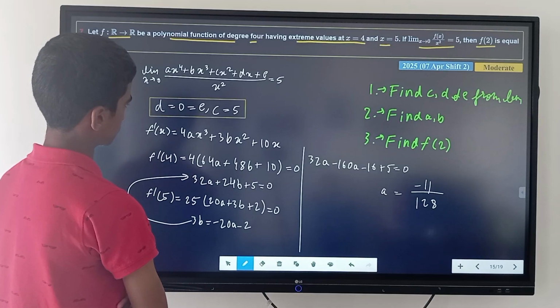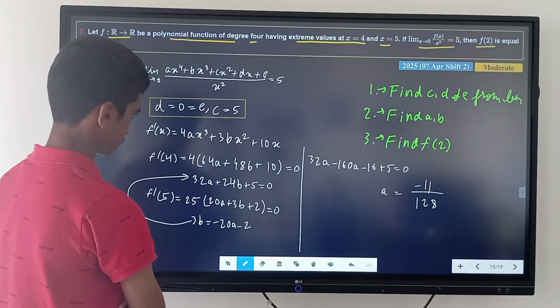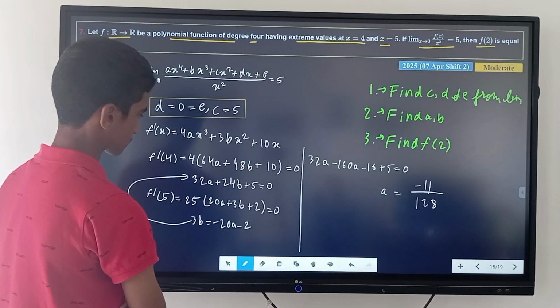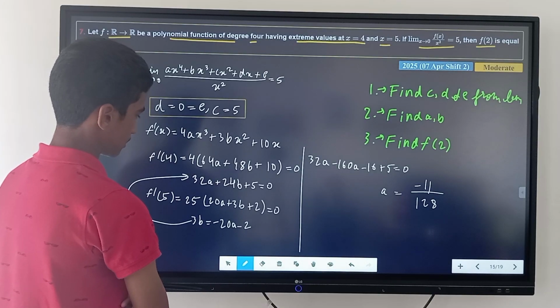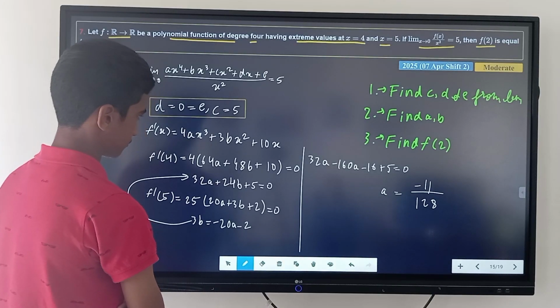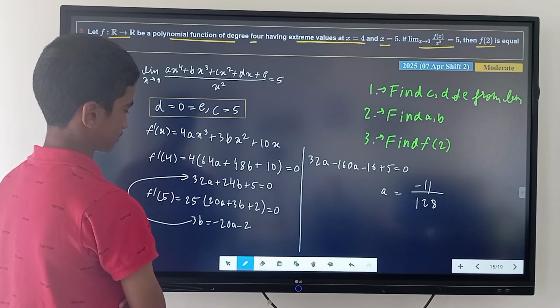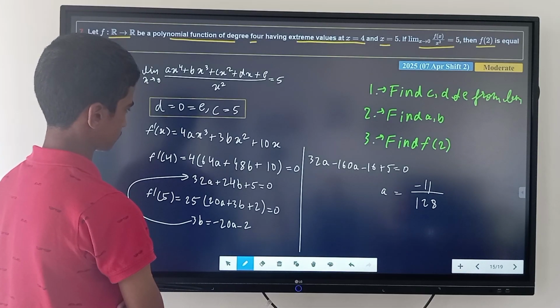3x squared plus 10. 8 into 2 is 16, minus 16.